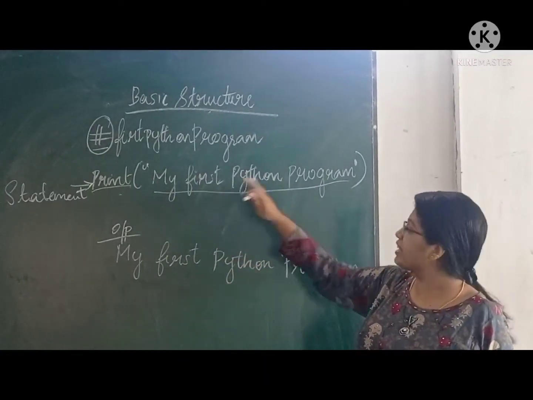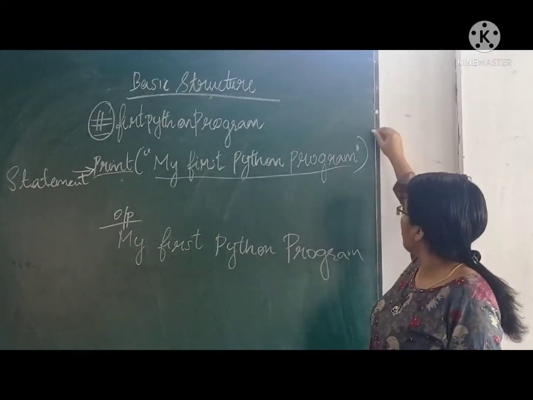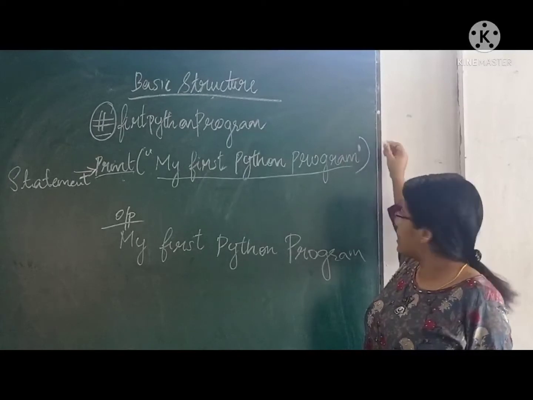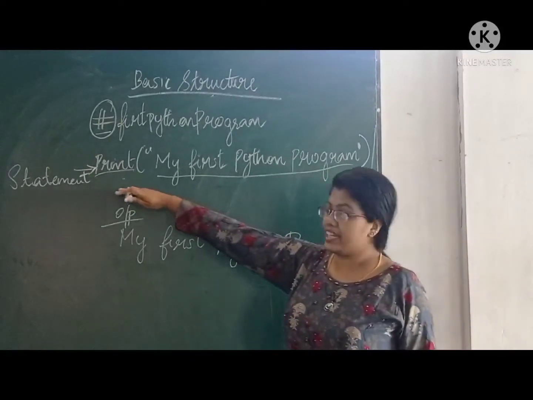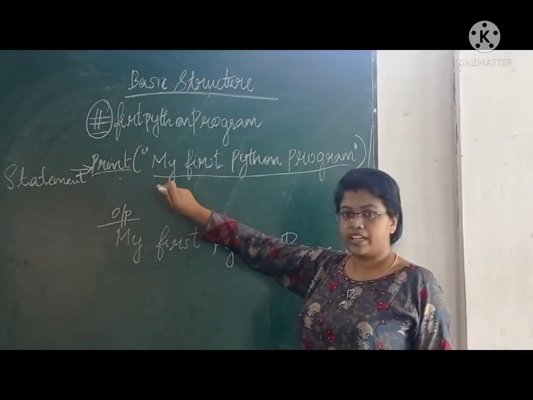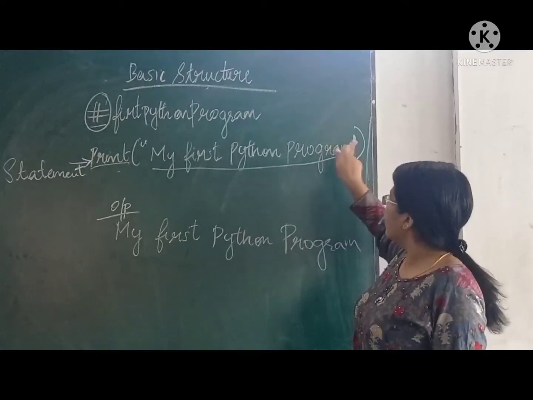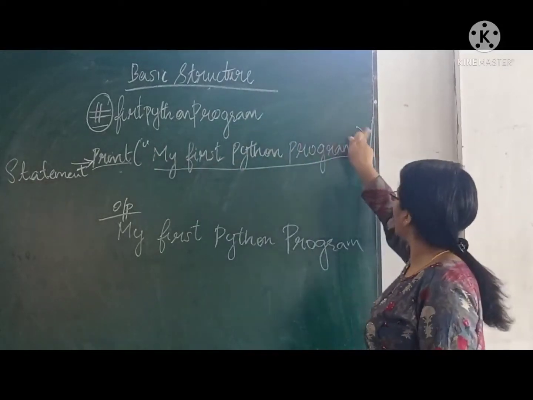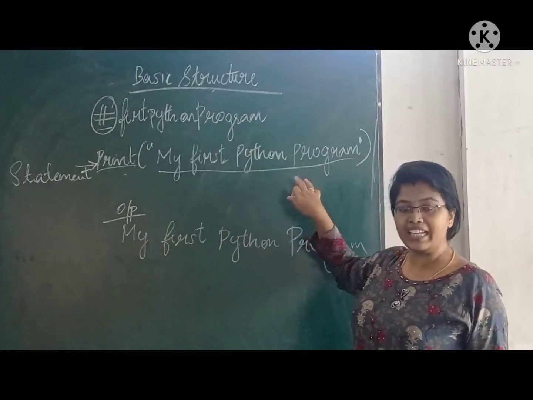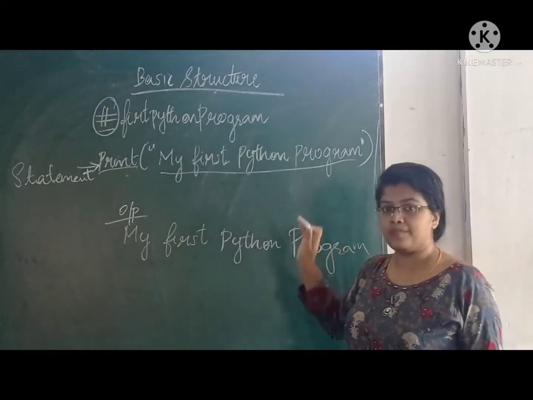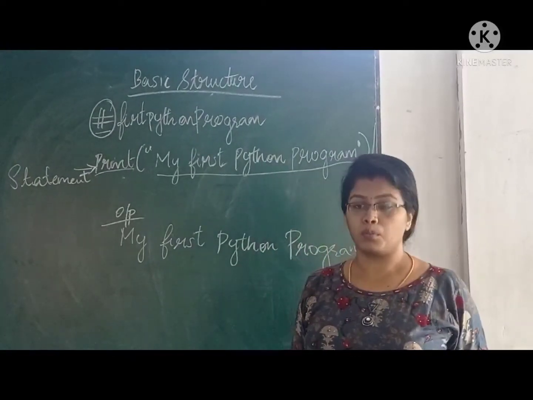There is no symbol at the end of this line. Just type the command print, open the bracket, open the double quotes and type what you want. Close the double quotes and close the bracket. Run the program and you will get whatever you wrote inside this command. So this is the basic structure of a Python program.